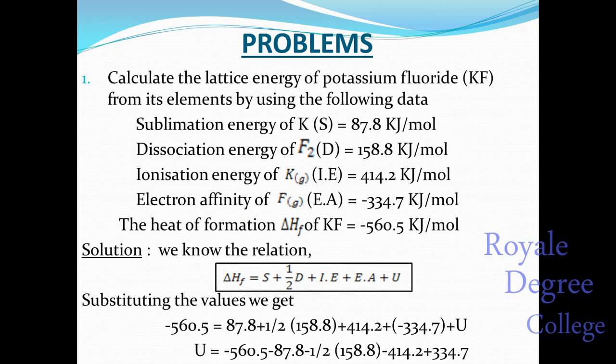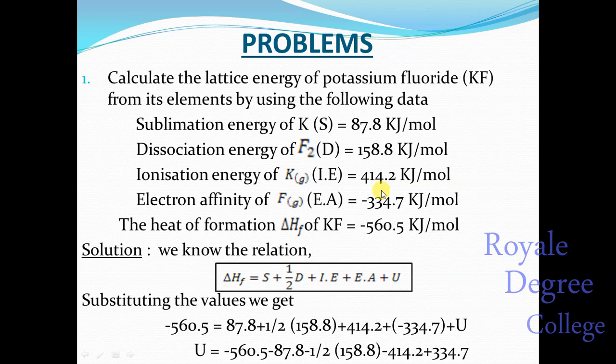Now we'll see the problems. First problem is calculate the lattice energy of potassium fluoride from its elements by using the following data. Sublimation energy of potassium in the form of solid is given as 87.8 kilojoules per mole. Dissociation energy of fluorine, D, its value is 158.8 kilojoules per mole.